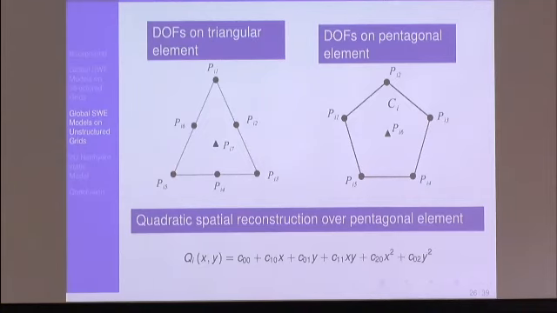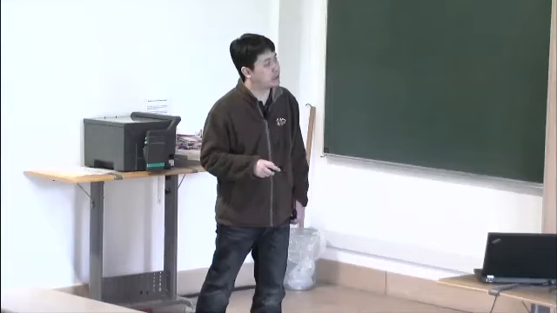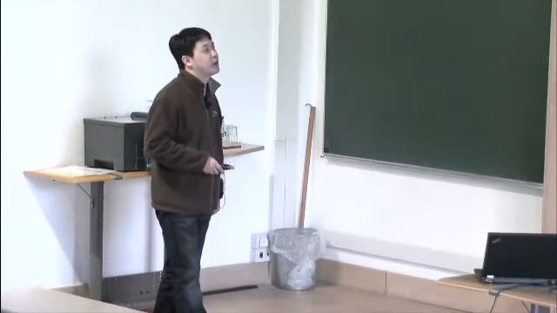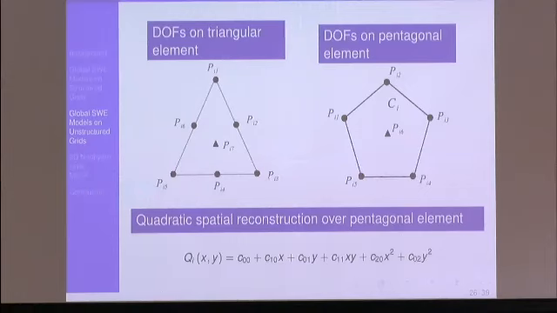The quadratic spatial reconstruction is also a little different. There are 6 coefficients determined by 6 DOFs. The formulations to update the DOFs are almost the same as we have just described for the hexagonal element, so will not repeat.